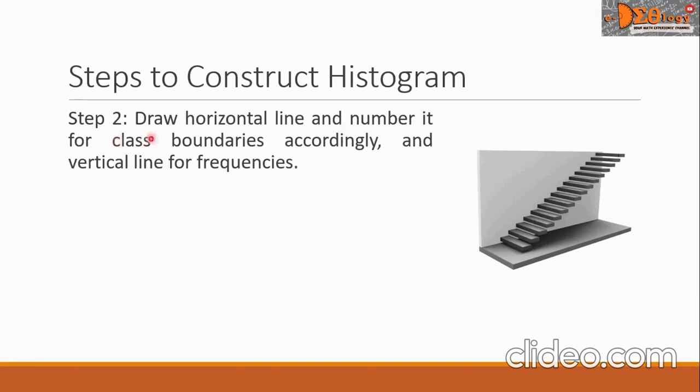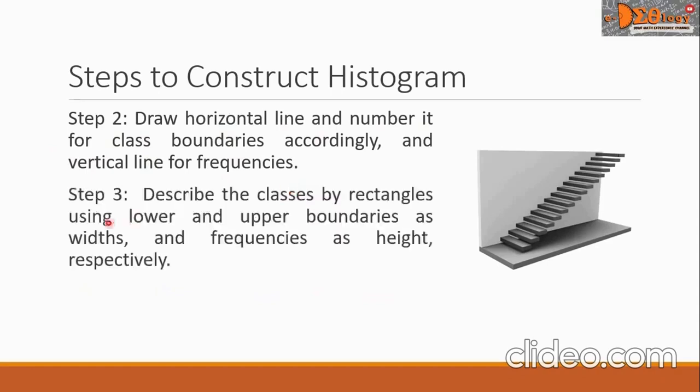Step 2. Draw horizontal line and number it for class boundaries accordingly, and vertical line for frequencies. Step 3. Describe the classes by rectangles using lower and upper boundaries as widths and frequencies as height, respectively.